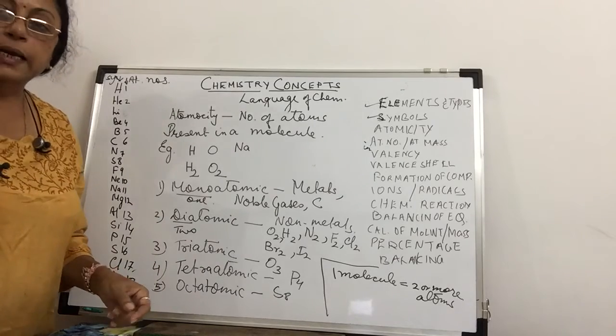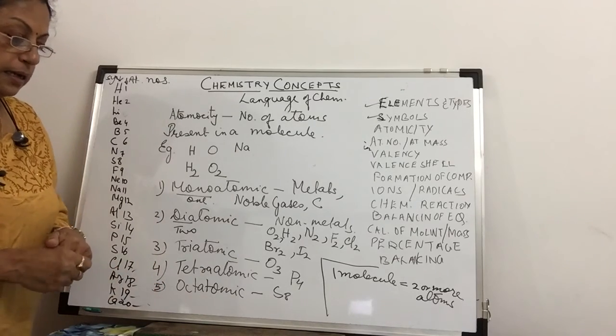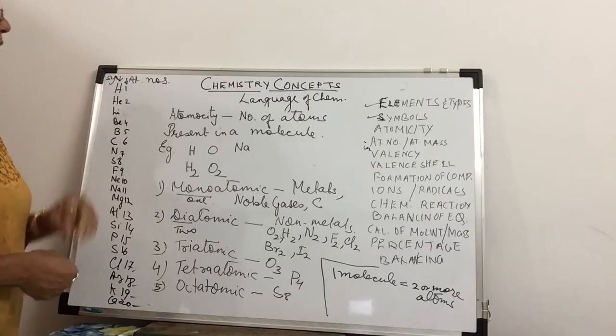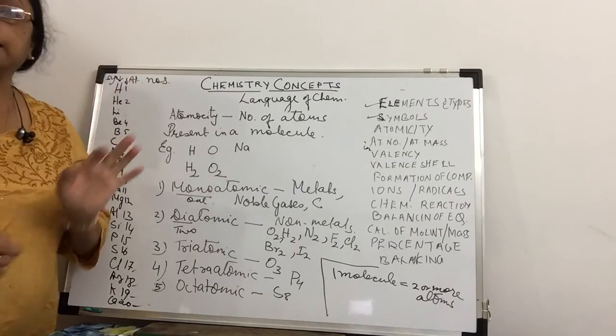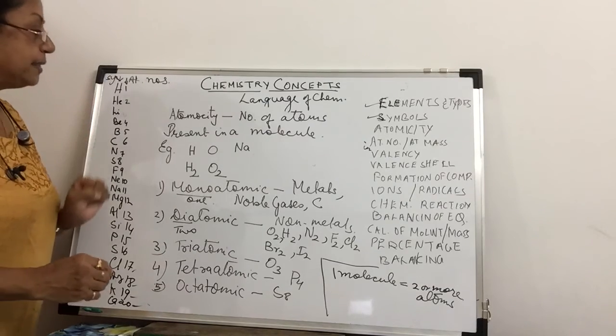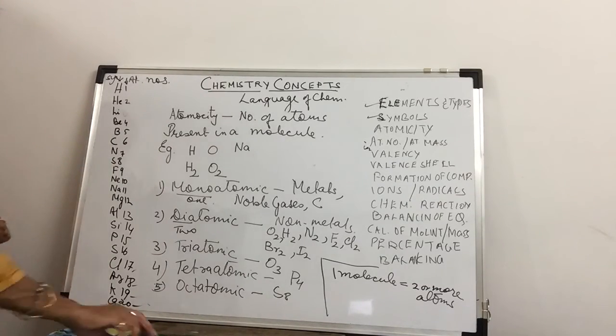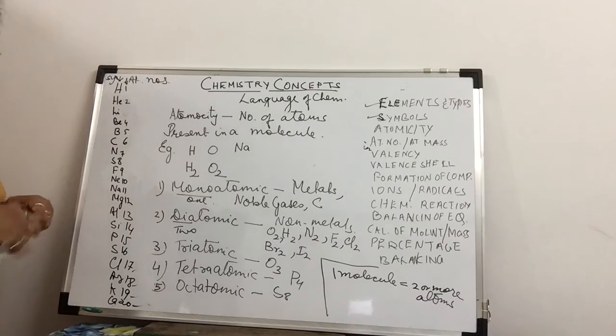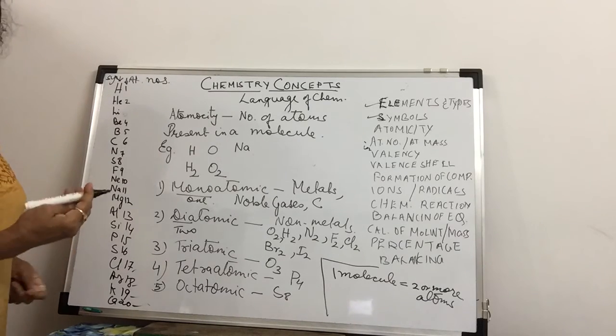Now, a very important information that I would like to give you, that till class 10, for ICSE students, we are going to study the elements from 1 to 20. I have written these elements in a very small form. Can you see?